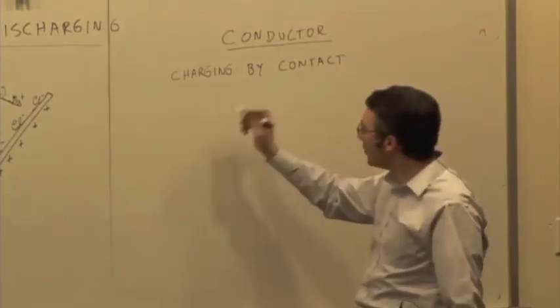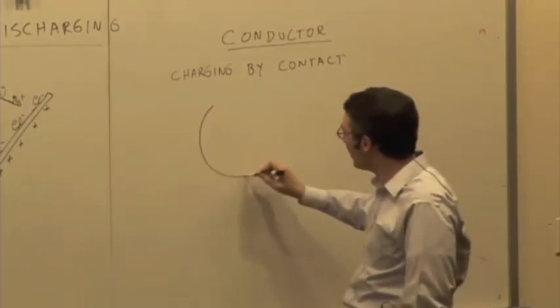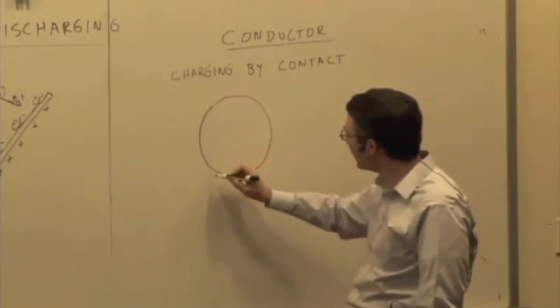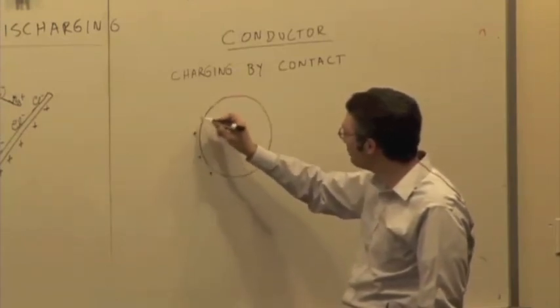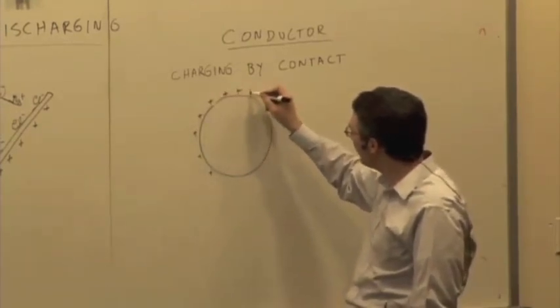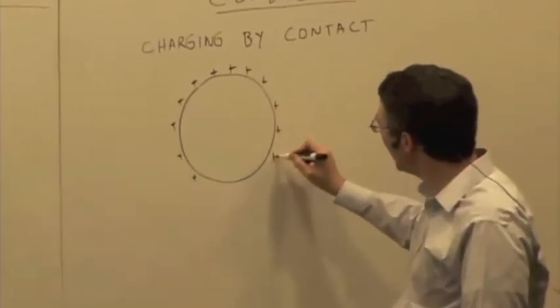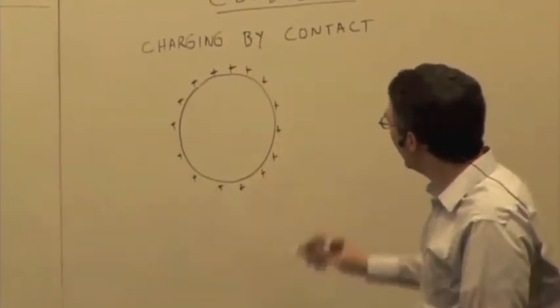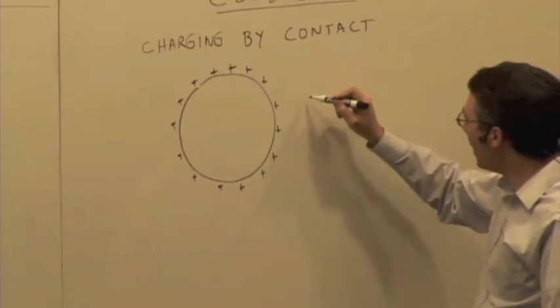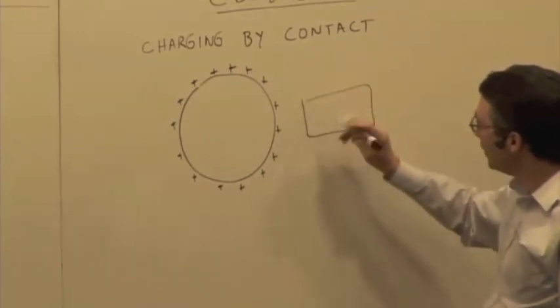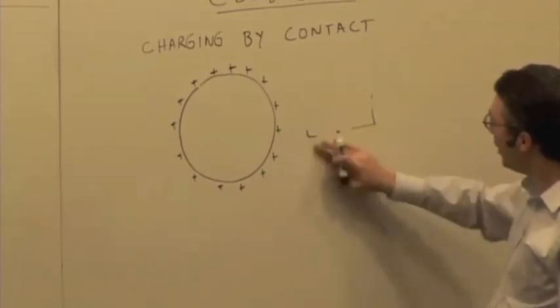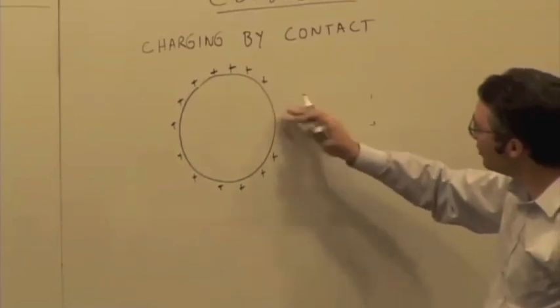Let's say I have some conducting object, some piece of metal or something that already has a charge on it, some positive charge. And I bring another piece of metal nearby, which is originally neutral, and I bring them in contact so they actually touch.